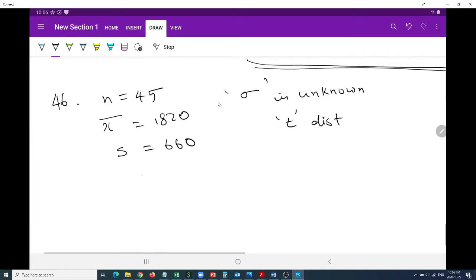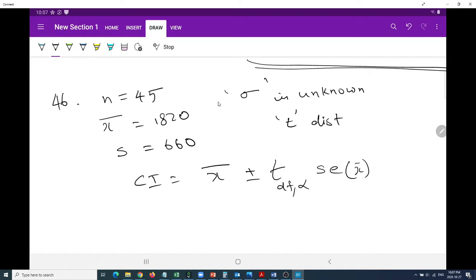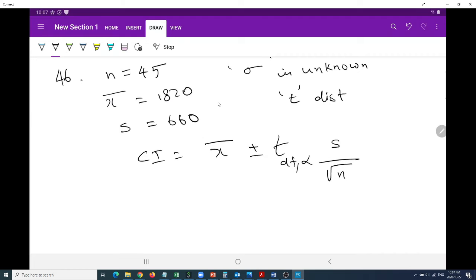So the confidence interval is x bar plus or minus the t statistic, with the respective degrees of freedom at the required critical level, multiplied by the standard error of x bar, which can be replaced by s divided by the square root of n.